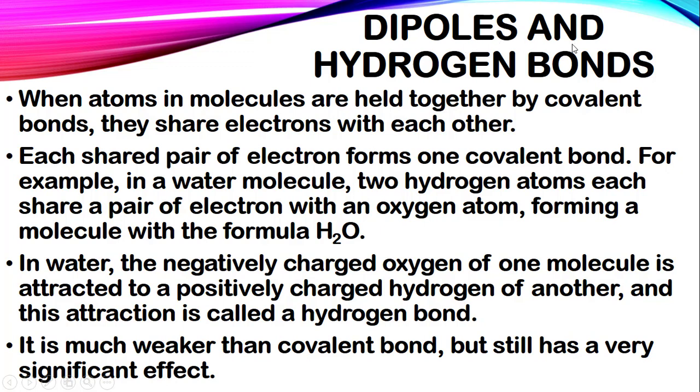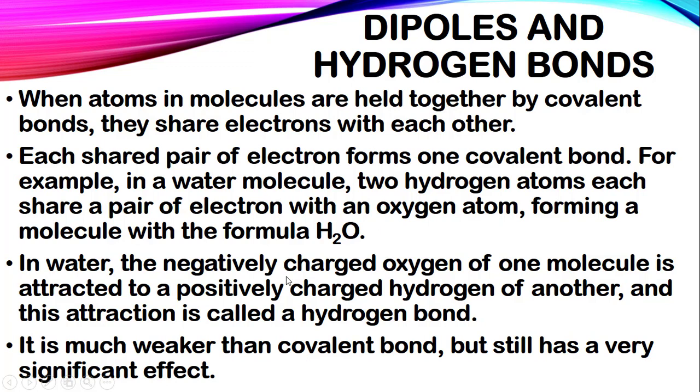Now, dipoles and hydrogen bonds. When atoms and molecules are held together by covalent bonds, they share electrons with one another. Each shared pair of electrons forms one covalent bond. For example, in a water molecule, as we observed above, two hydrogen atoms each share a pair of electrons with an oxygen atom, forming a molecule with the formula H2O.